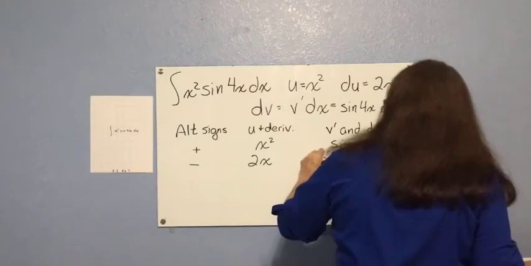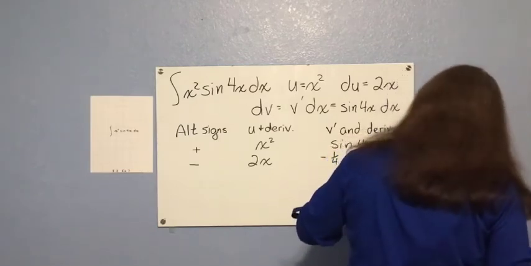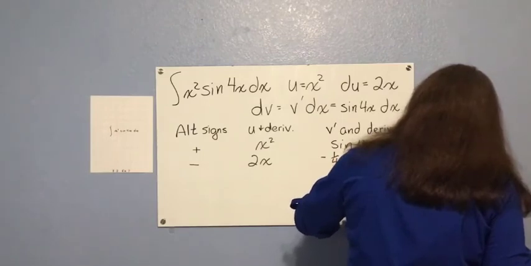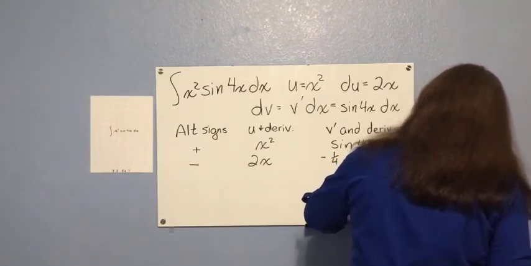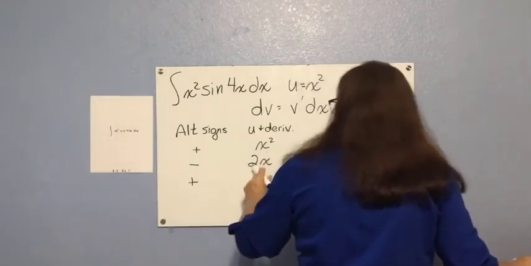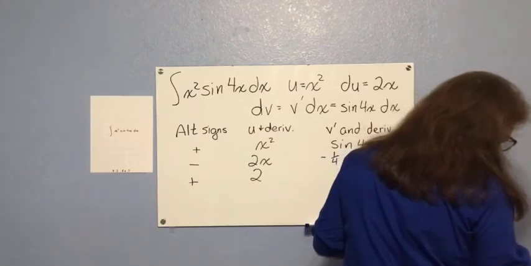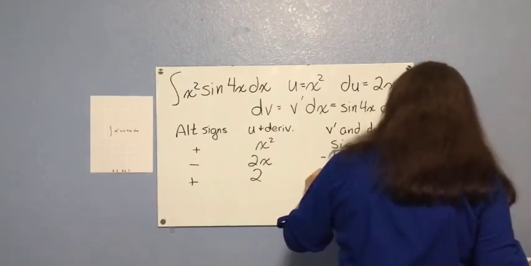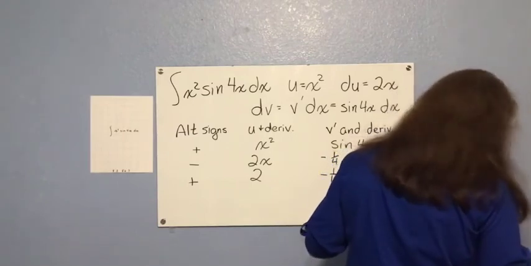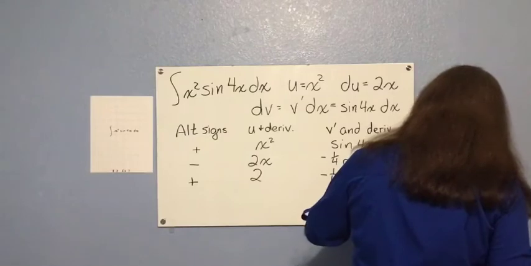And then we're going to have negative 1/4 cosine 4x. In the next row, we're back to positive. The derivative of 2x is just 2. And here we're going to have negative 1/16 sine 4x.